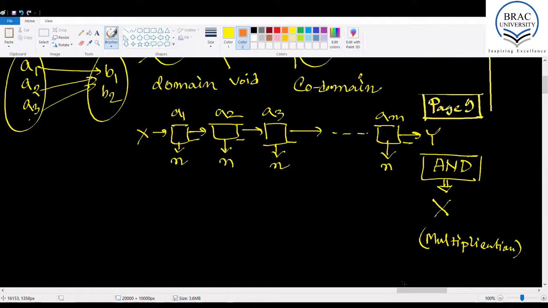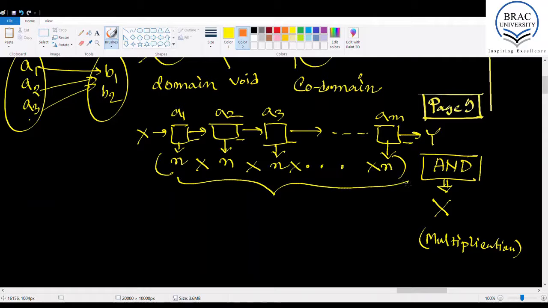So here, if we have to determine how many possible functions can be mapped from the domain to the codomain, the total number will be determined by multiplying all of the ways corresponding to these tasks. And how many n's will be multiplied here? Can you say that? Yes, it's easy.